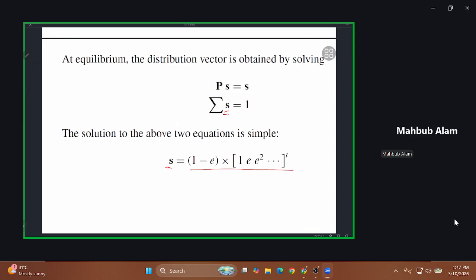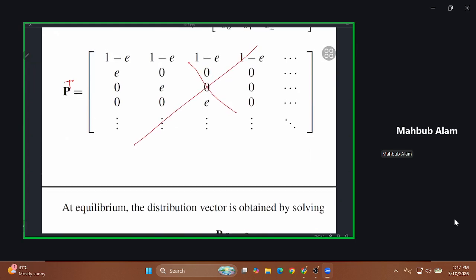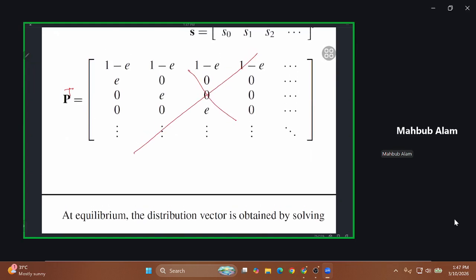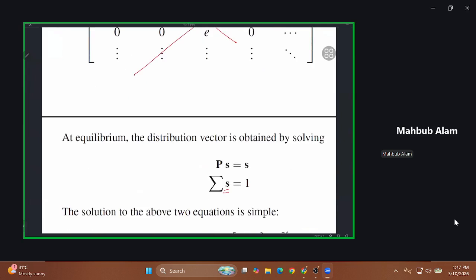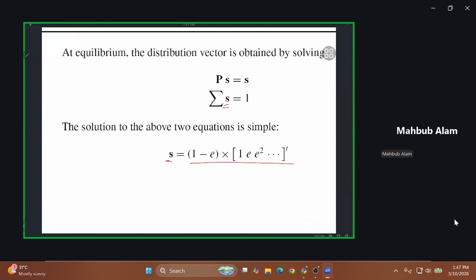You can try it. It's a very simple one. I think once the Markov chain is here, most of the entries are zero. It's a very sparse matrix, and few entries are non-zero. So I think you can calculate the long-term probability vector. This is this one.